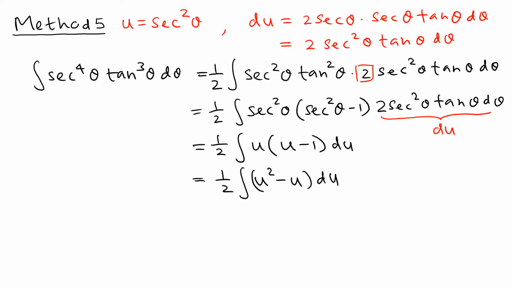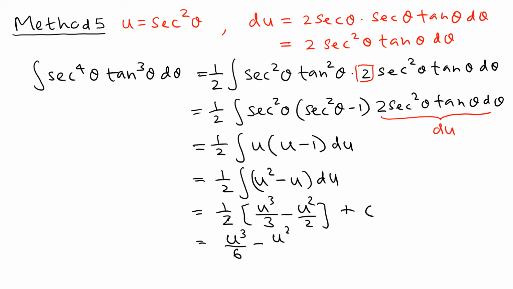This is very easy to integrate, so you're going to get 1/2 of u cubed over 3 minus u squared over 2 plus c, and then when you multiply through, you get u cubed over 6 minus u squared over 4 plus c.